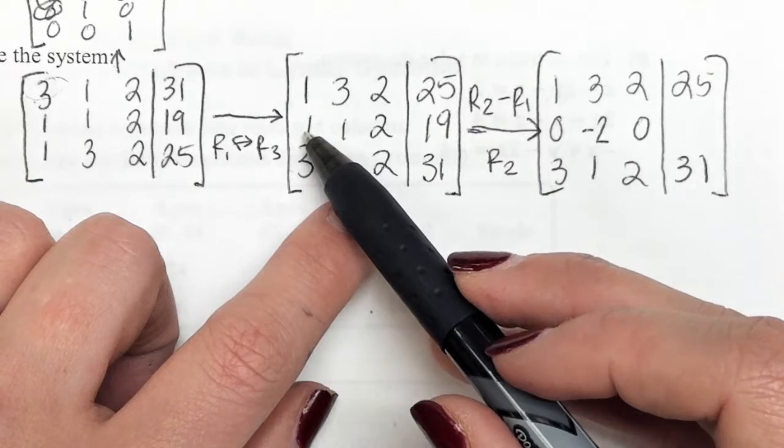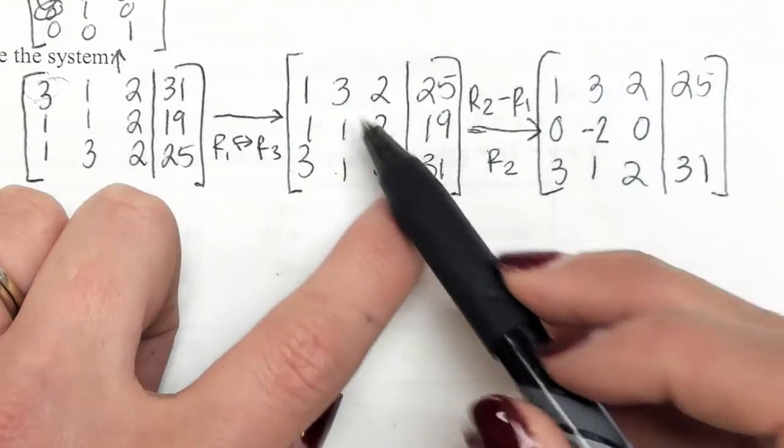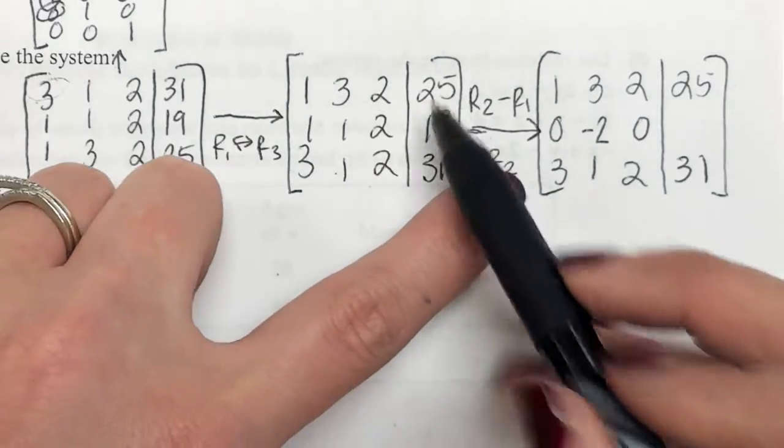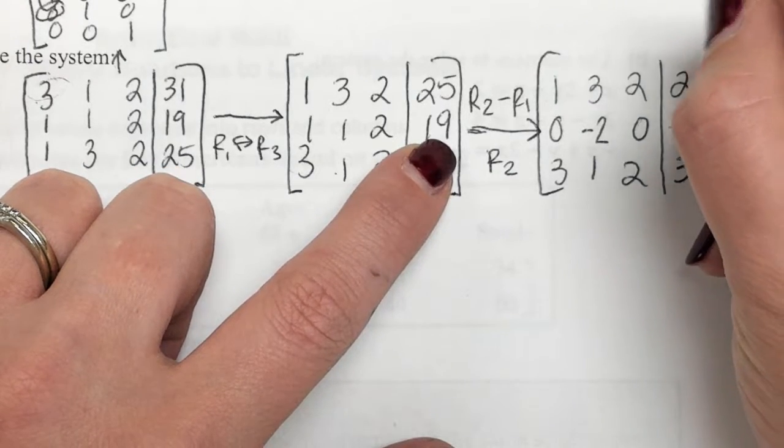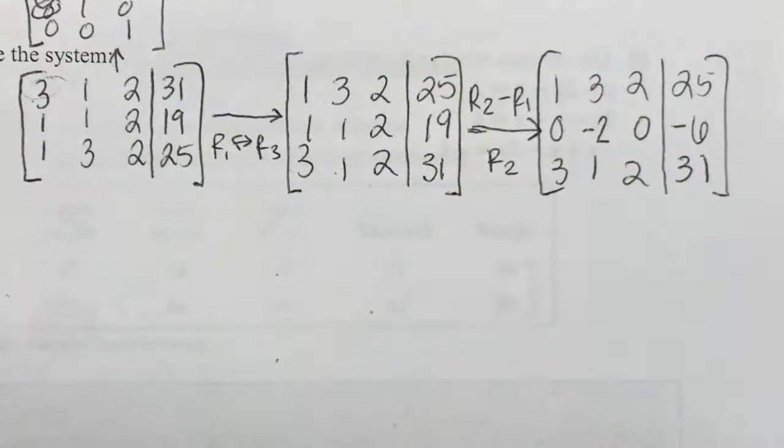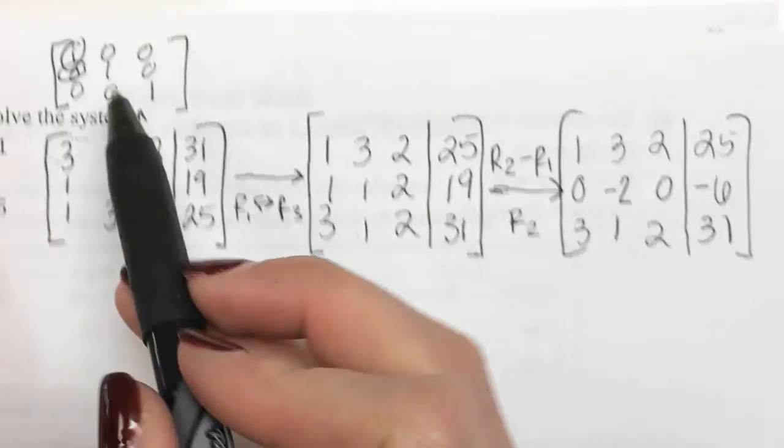So you pick the numbers here. 1 minus 1, 1 minus 3, 2 minus 2, 19 minus 25. Does everybody see where we got those numbers? Okay, we got 2 here. Alright, we're done with these two.